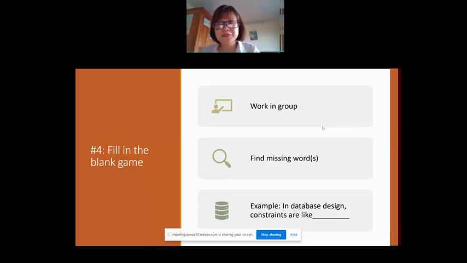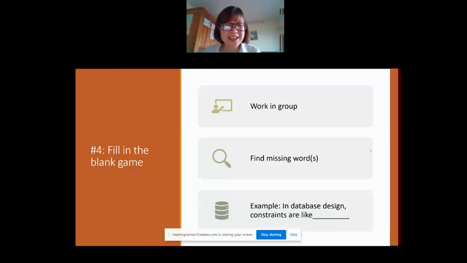Then I create fill in the blank games and allow my students to work in groups. Each group competes with the others to find the answers in the shortest time. I think it will help them to remember the terms and the concepts. It's easier to remember the terms and the concept with the definition.